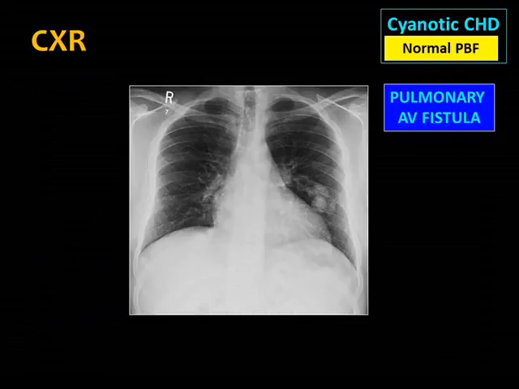By itself, the chest X-ray is not diagnostic. So if you see a chest X-ray in pulmonary AV fistula, this one shows shadows in the left lower lung field.